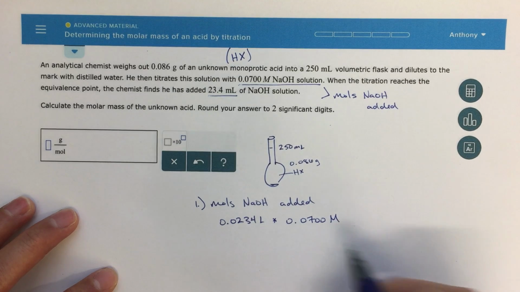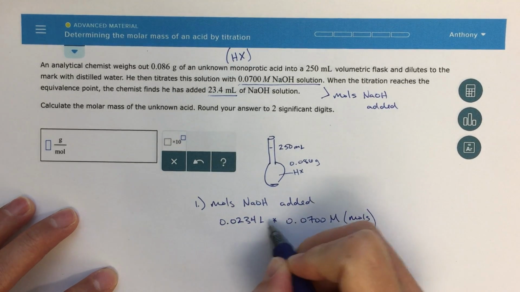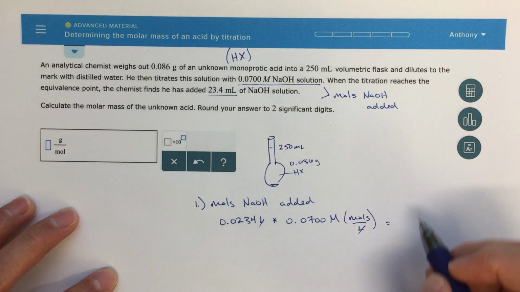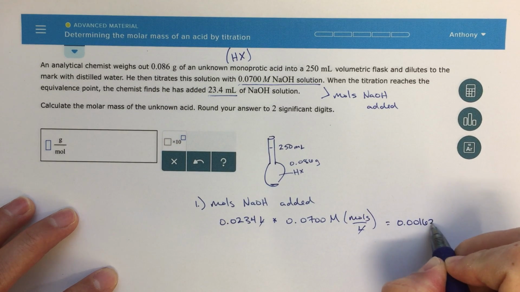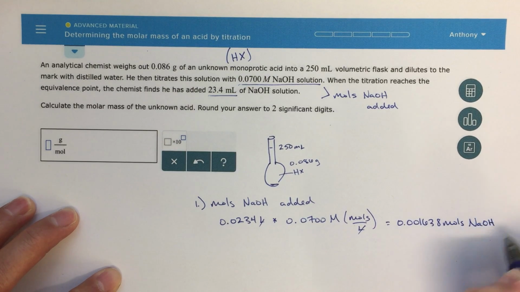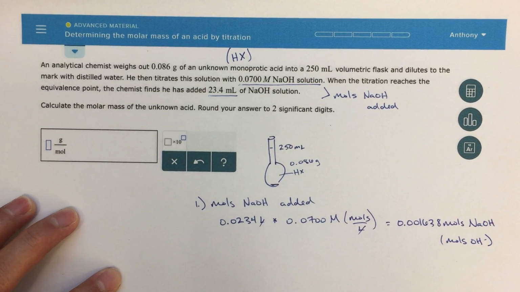I know that molar is moles per liter, so maybe we'll put that in parentheses. Then my units of liters cancel out, and this calculation gives us the moles of sodium hydroxide that we added, which is 0.001638 moles of NaOH. When I write moles of NaOH, really that's moles of OH minus as well. We can think about it that way.